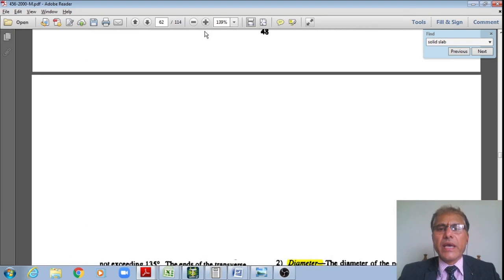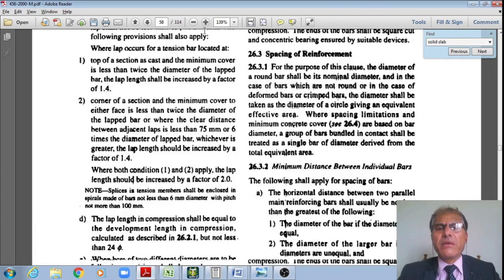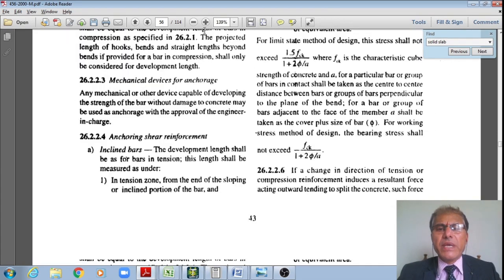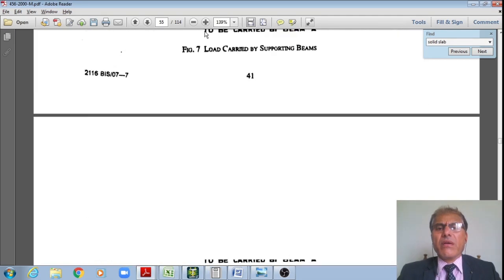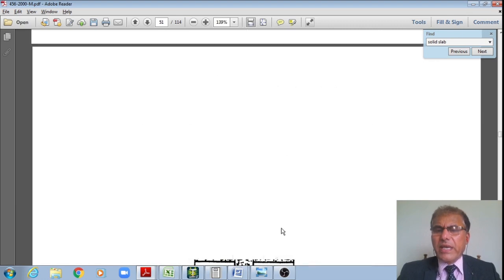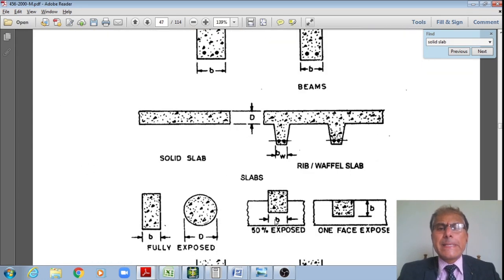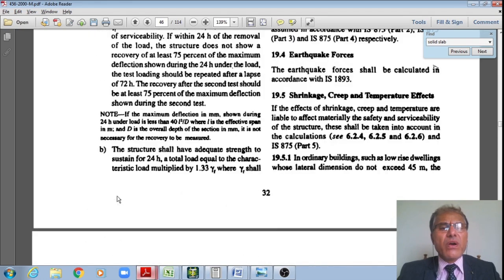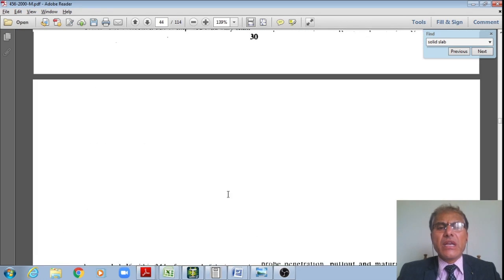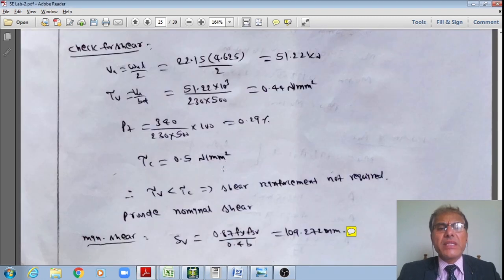I'm getting this result as, say, a value given by this. Therefore, once I interpolate that, now I'll get this result as 0.5 Newton per mm square.